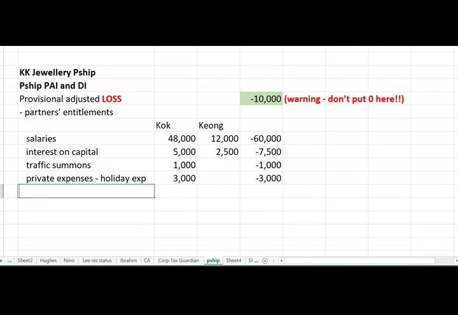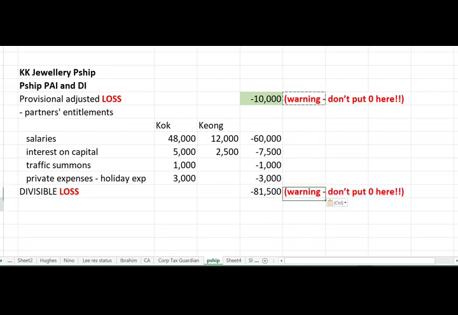Now guys, you're going to call this the divisible loss. It's no longer an income because it is indeed a loss. Again, I must warn you, don't go and put 0. It's just a loss, no issue, just go on.